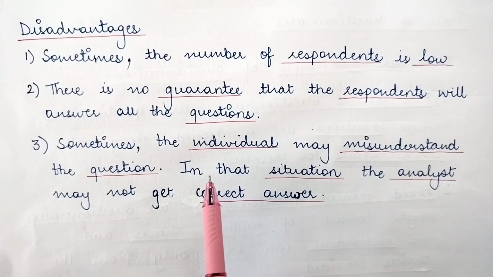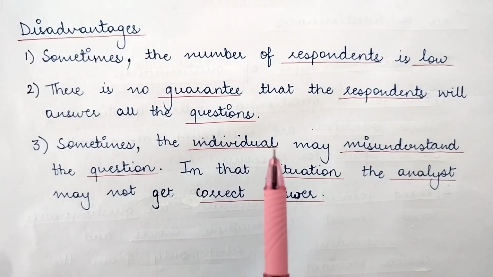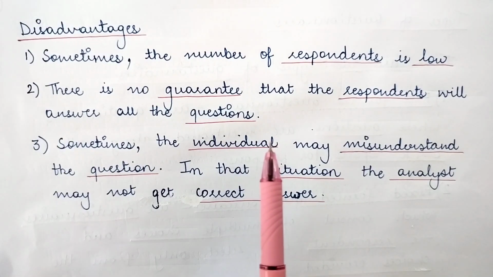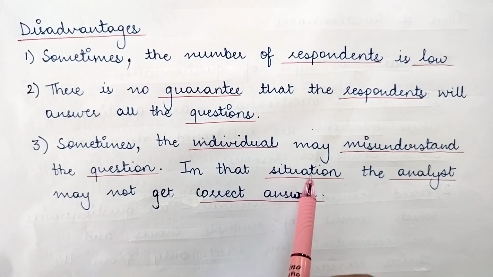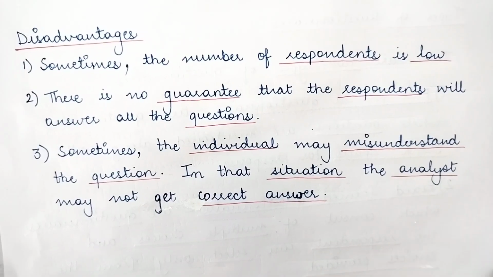And obviously if the question gets misunderstood, the respondent is likely to answer it in a way that was not expected. You get an answer which is not required. So in that situation the system analyst may not get the correct answer.